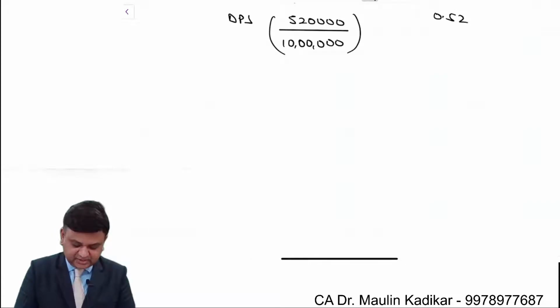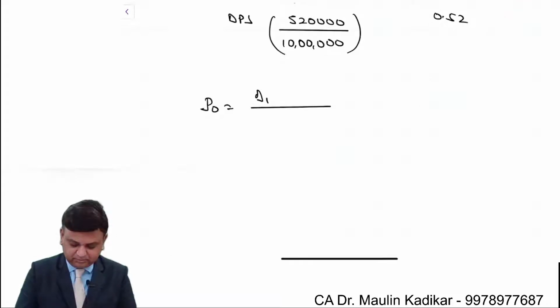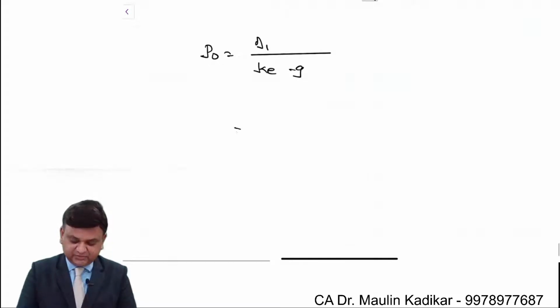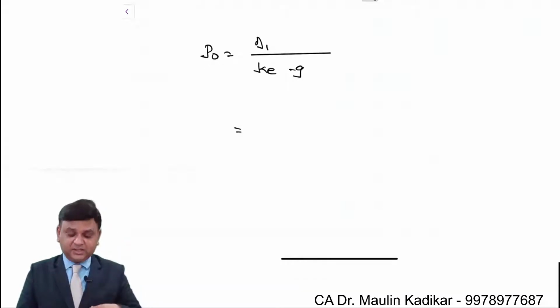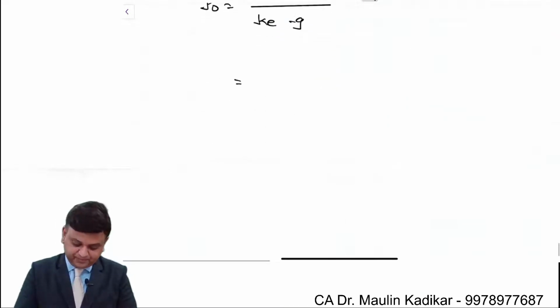Then we understand and say P0 is equal to D1 divided by K minus G. That is a simple formula to be applied. Since the information is provided to us about the current year, this dividend is supposed to be understood as D0.